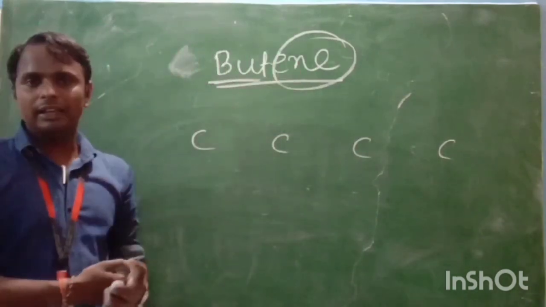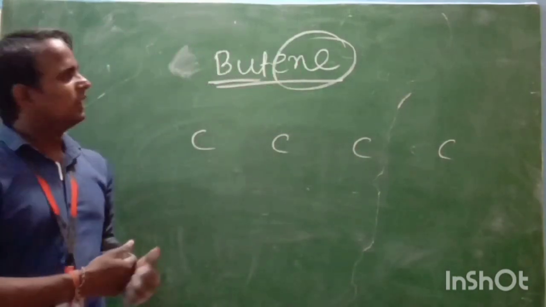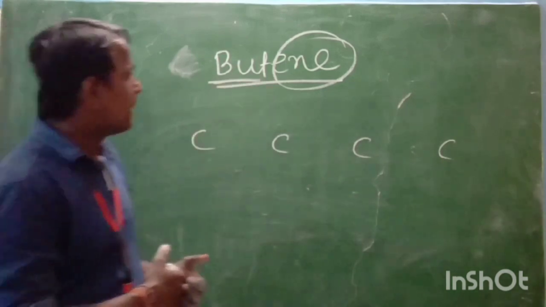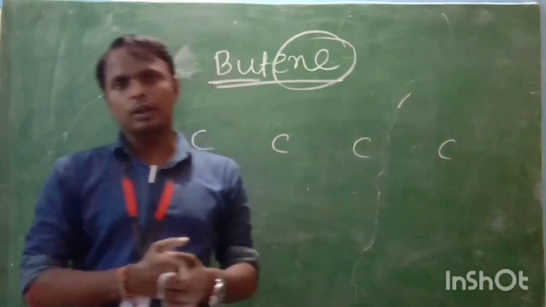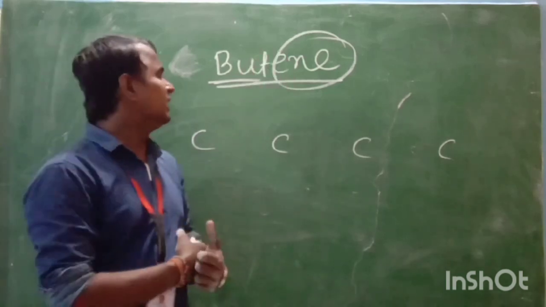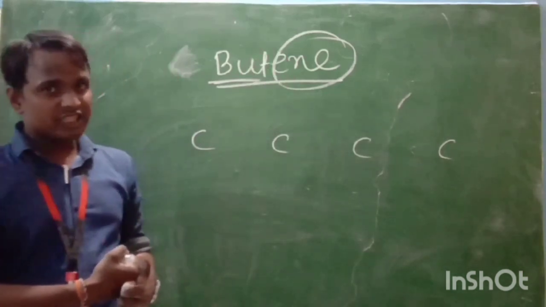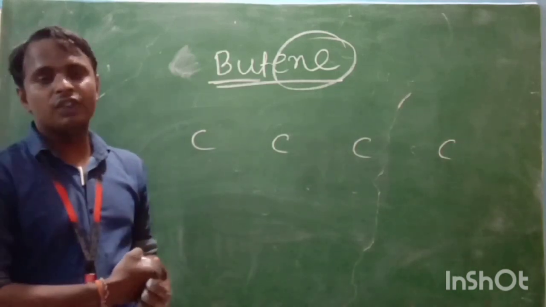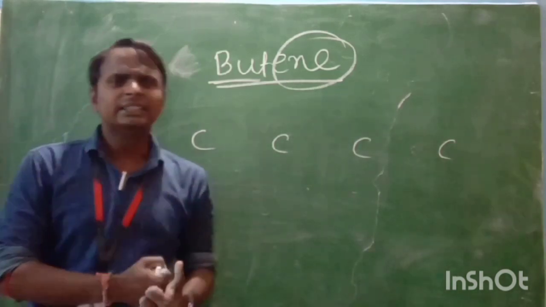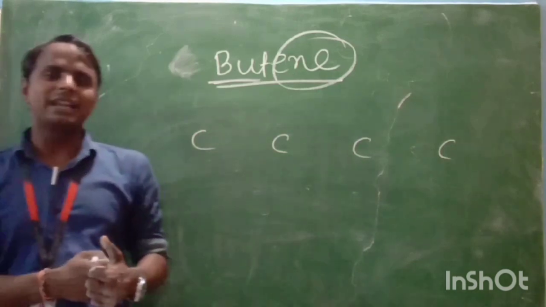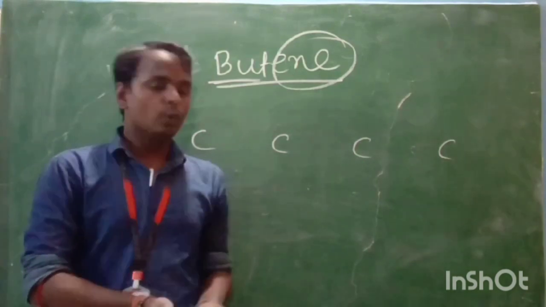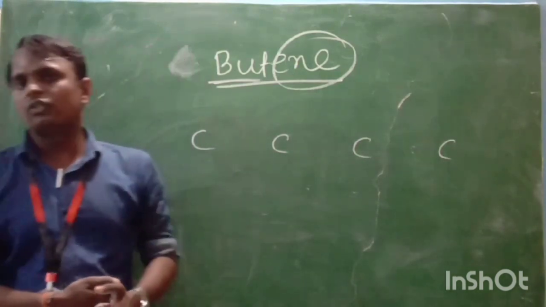Next, ene means a double bond. If the question does not mention the position of the double bond, then we must write the double bond in the first position.